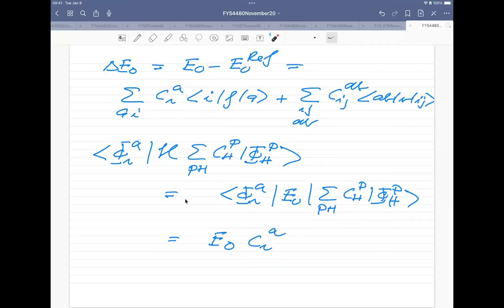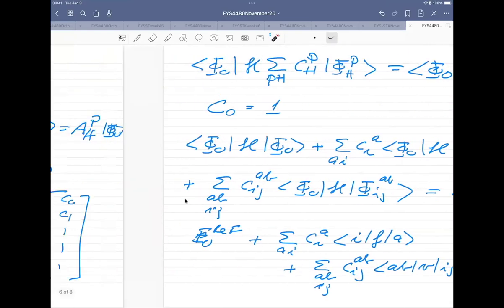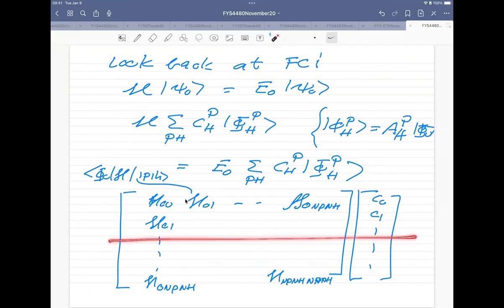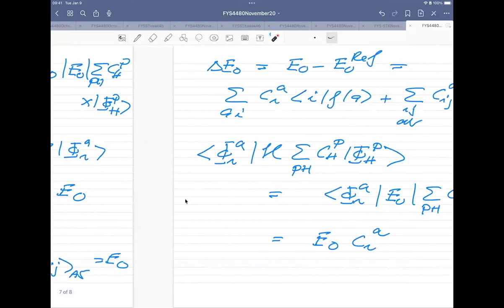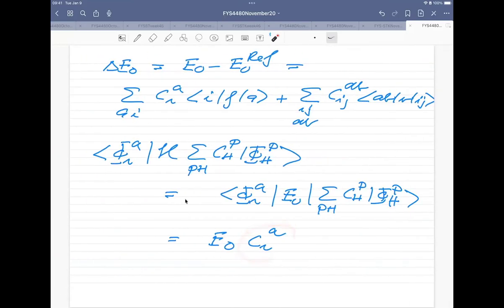When I now go to the next equation, which means the next row here, the one where I multiply with phi ij ab to get this third row, then you will see that there will be a coefficient which is going to be Cij ab on the right-hand side.